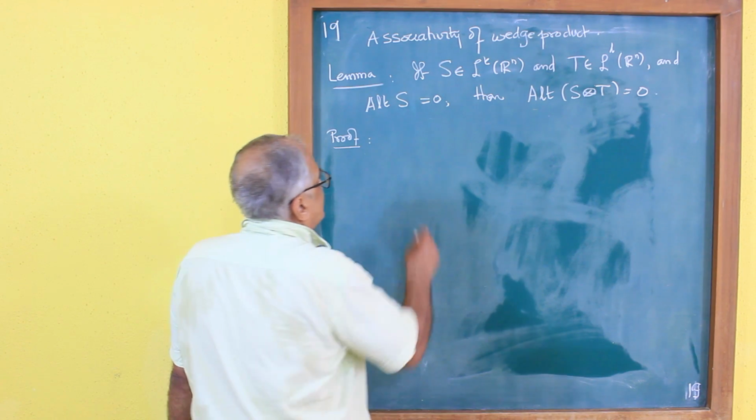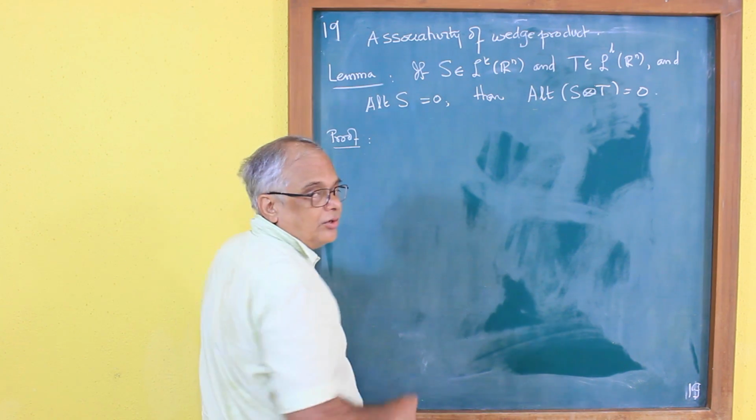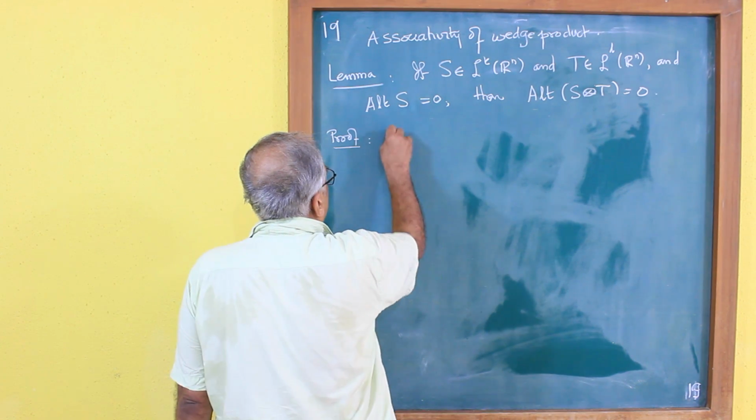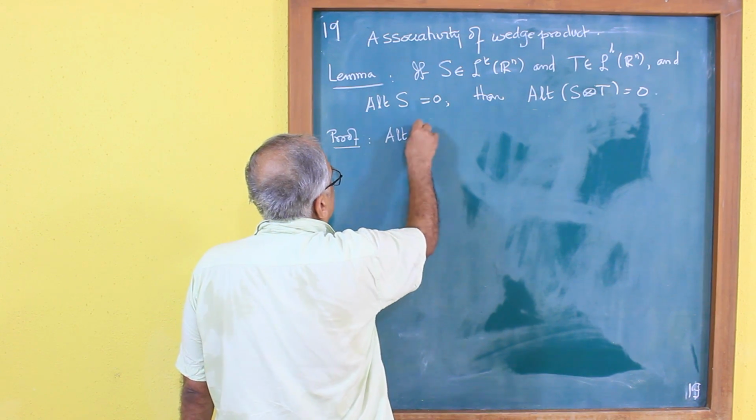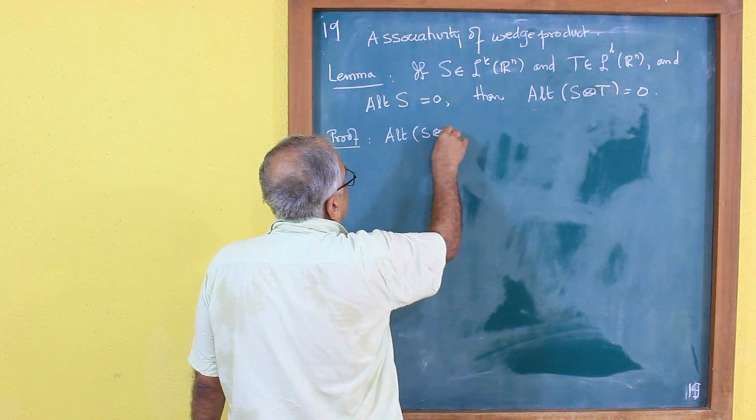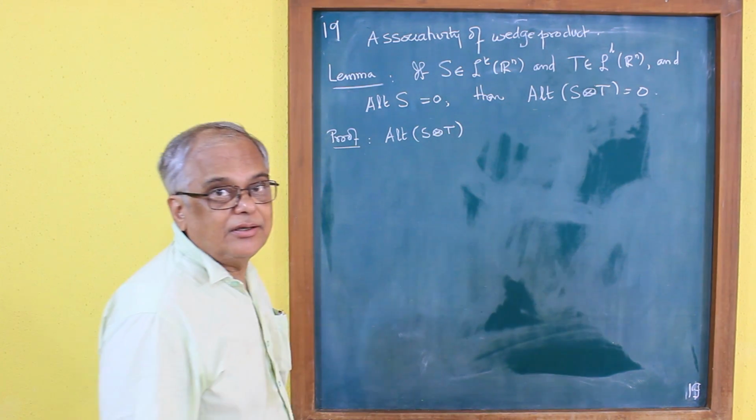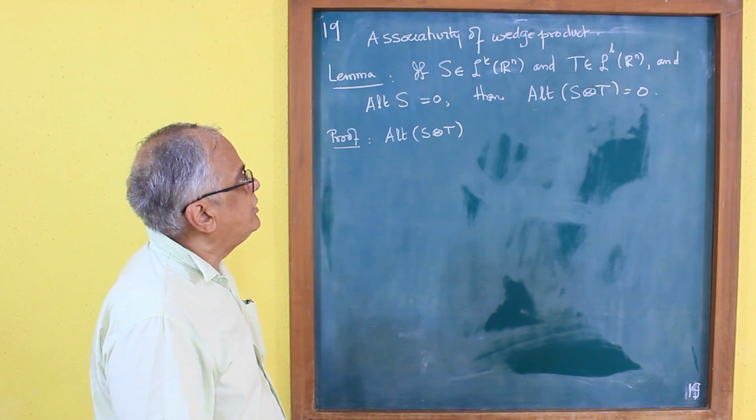So, you start writing down what is alt of S tensor T. Where is S tensor T? It is in L k plus l.